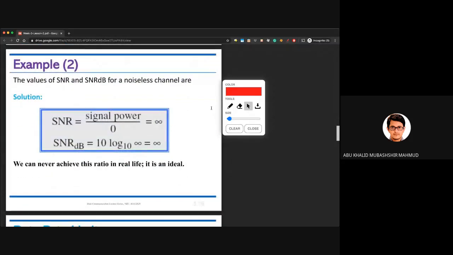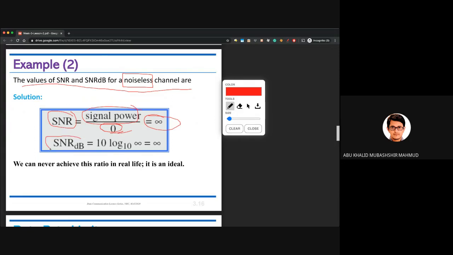So the values of SNR and SNR-dB for a noiseless channel. If there is no noise present in the channel, the value of noise power is 0. So the signal power is all in all, and the signal to noise ratio has the value of infinity.